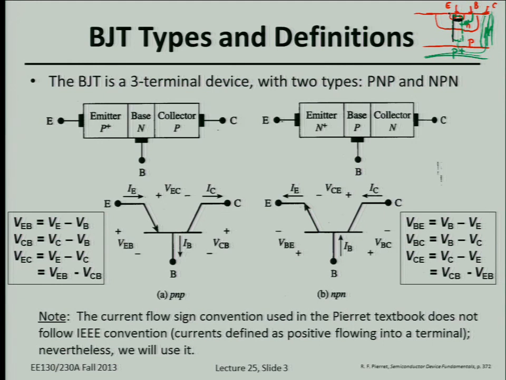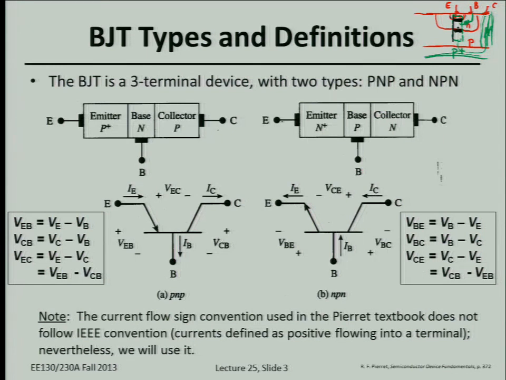Even though the real junction area includes the sidewalls and so on, we'll assume the area of the base-emitter junction is just the area here, and the area of the collector-to-base junction is just the area of this junction there. In reality, the area of the collector junction is much greater than the area of the emitter junction, okay? But for this class, you just need to understand qualitatively how a BJT operates and how the performance changes with, let's say, the doping in the base and the width of this base region.